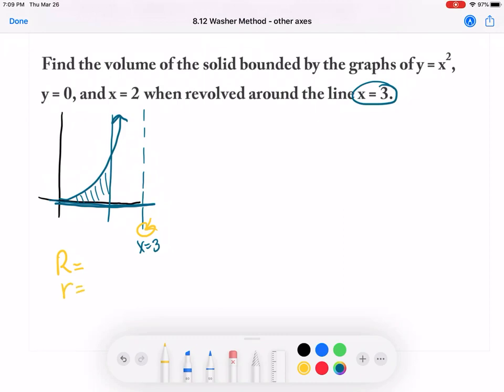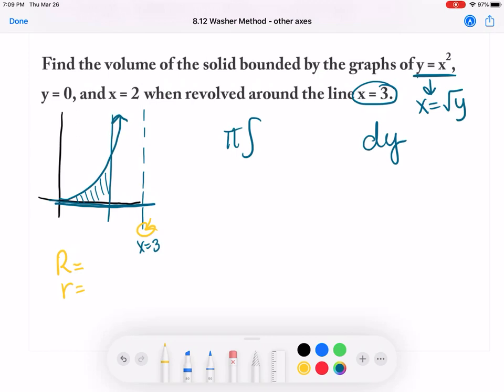First, we should realize that our functions here, if we are revolving around a vertical axis, we need to have everything in terms of y. So my integral is going to be in terms of y. So I need this equation, y equals x squared, solved for x. So that is actually going to be a square root y function when we talk about it over here.